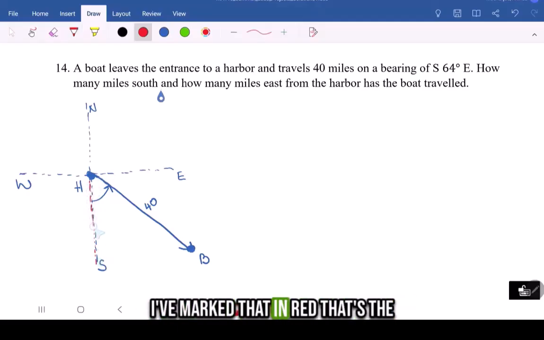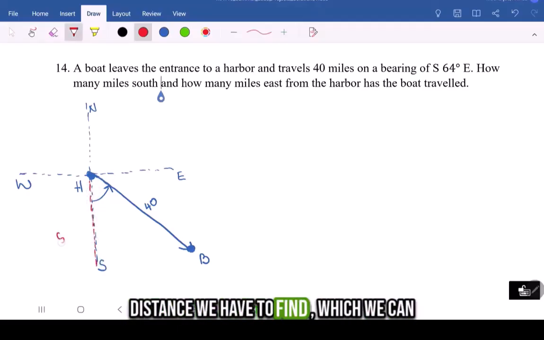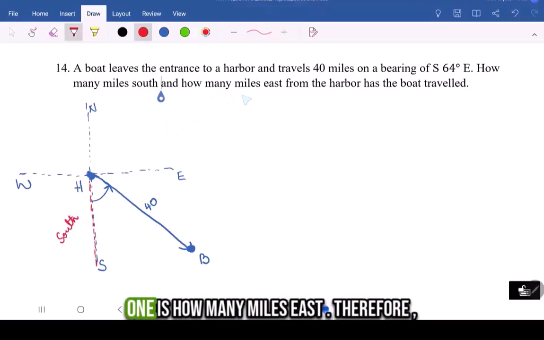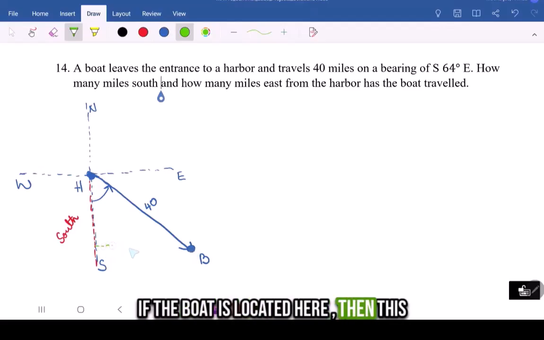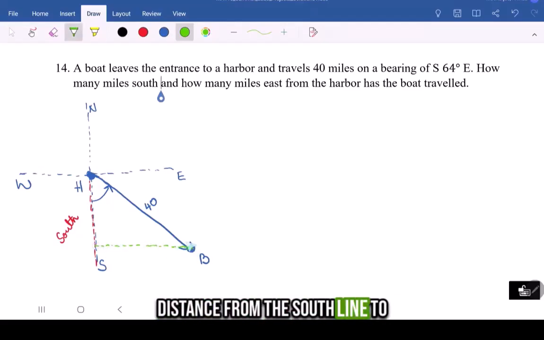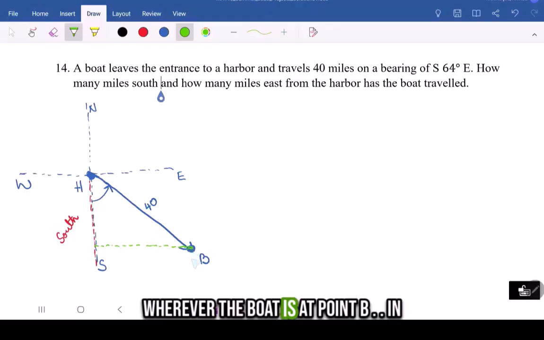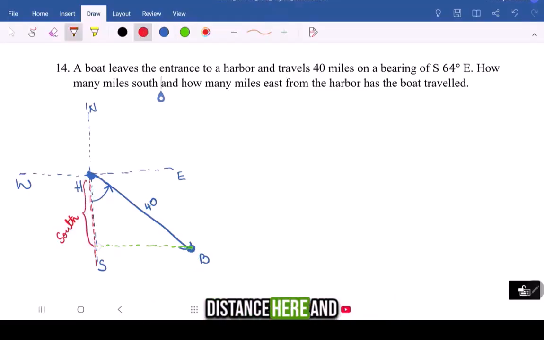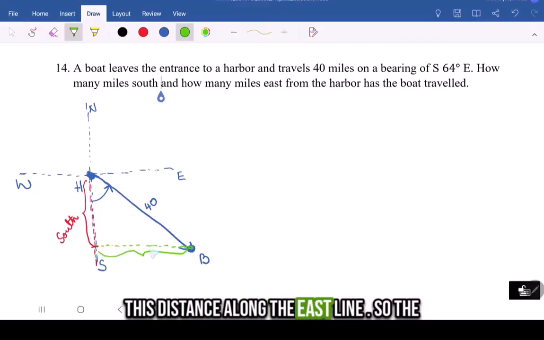I've marked that in red. That's the distance we have to find, which we can just write as south. And the other one is how many miles east. Therefore, if the boat is located here, then this distance from the south line to wherever the boat is at point B. In other words, we are finding this distance here and this distance along the east line.